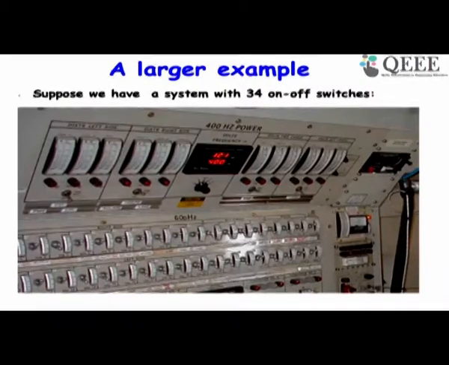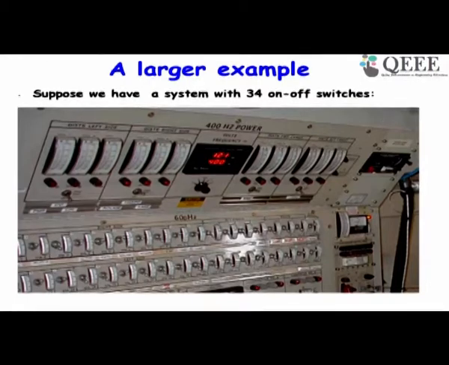This is another larger example with 34 on-off switches. This is a control panel in an aircraft or in any place. In many places you can find such panels where there are many settings to be done. And here also each of these can be set into many values.